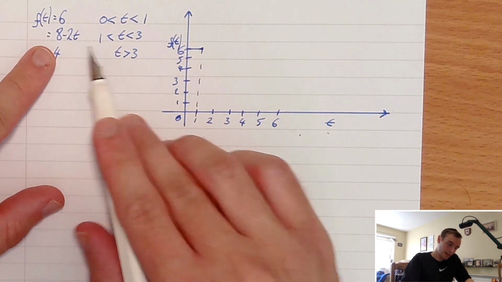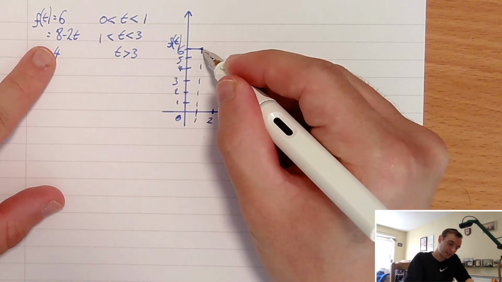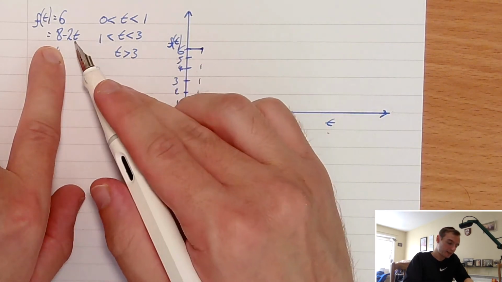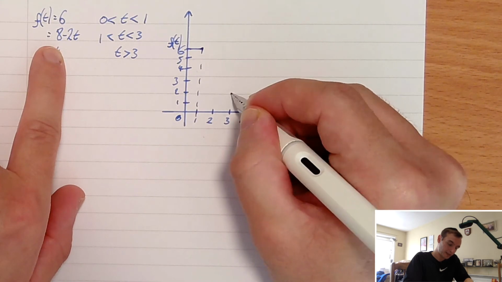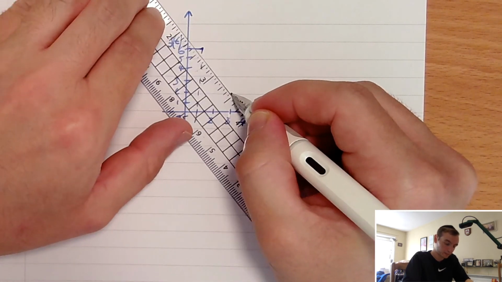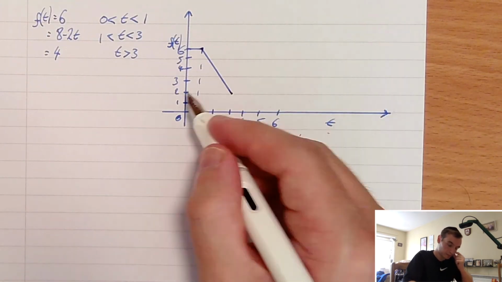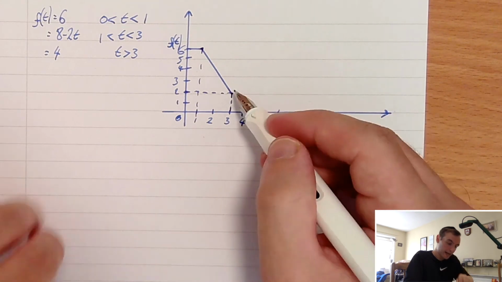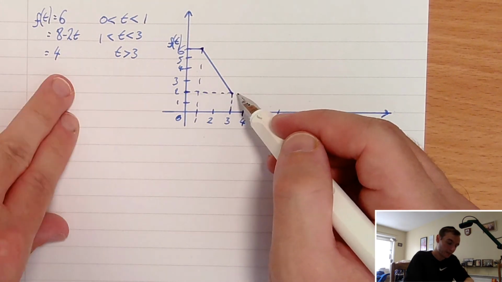So 8 minus 2 times 1 is 6, so yes, it will actually begin at 6 over here. And then at 3, it's going to be 8 minus 6, which is 2. So it's going to come down to 2 over here. And then for t greater than 3, the function is going to be 4.